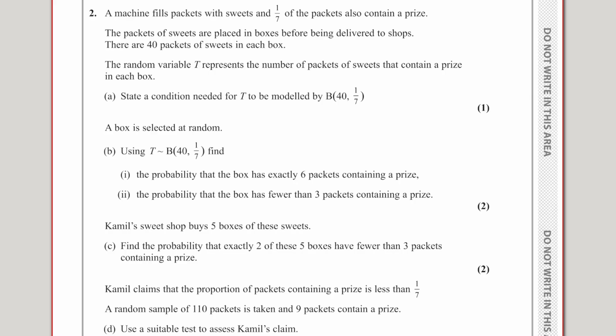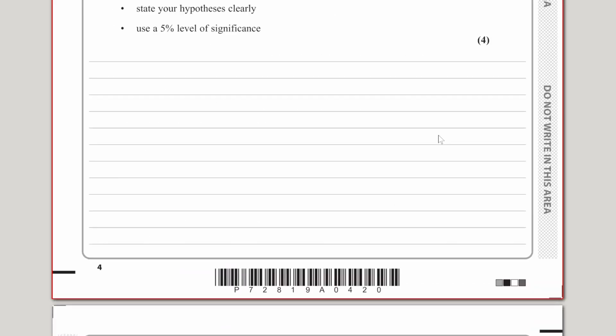So in order to be a binomial, we need the chance of picking a pack that contains a prize to be the same every time. Each one has to be independent of the one before it. And the probability has to stay constant. Has to always be 1/7. So I think we can just say, each event must be independent.